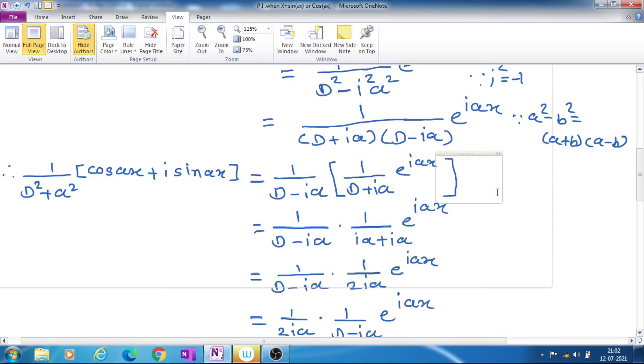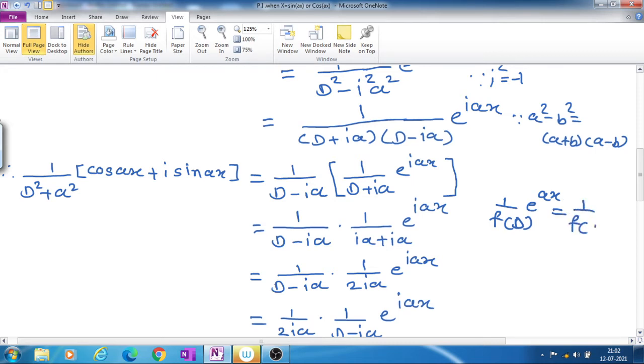So we know that for e raised to ax, the formula is 1 upon f(d) when operates on e raised to ax, this is equal to, only substitute d by a, 1 upon f(a) e raised to ax, but here f(a) must not be equal to 0.